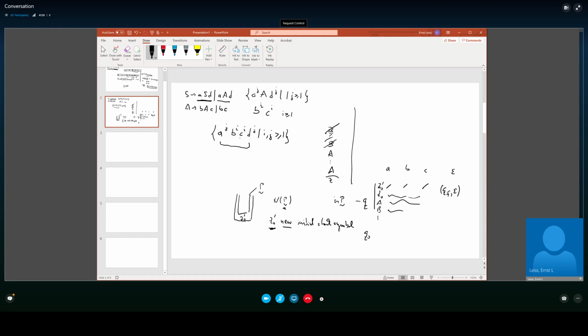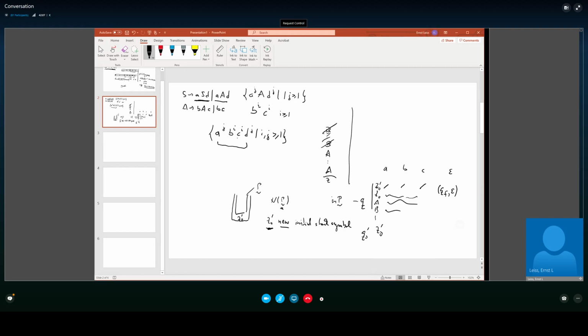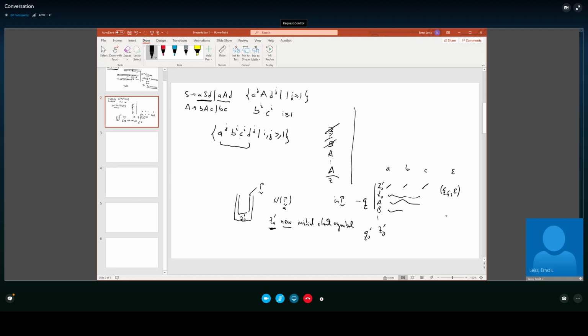You also need, if you remember, a new initial state, because basically what we need to do is for that new initial stack symbol and that new initial state, we consume epsilon, we go from there to Q0, the initial state of the push-down automaton, and we put Z0, the initial stack symbol of the push-down automaton P, on top of Z0 prime.